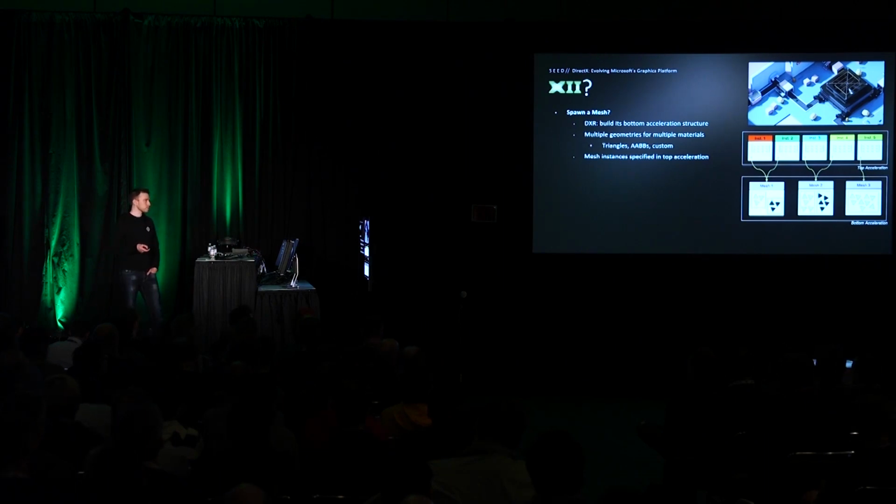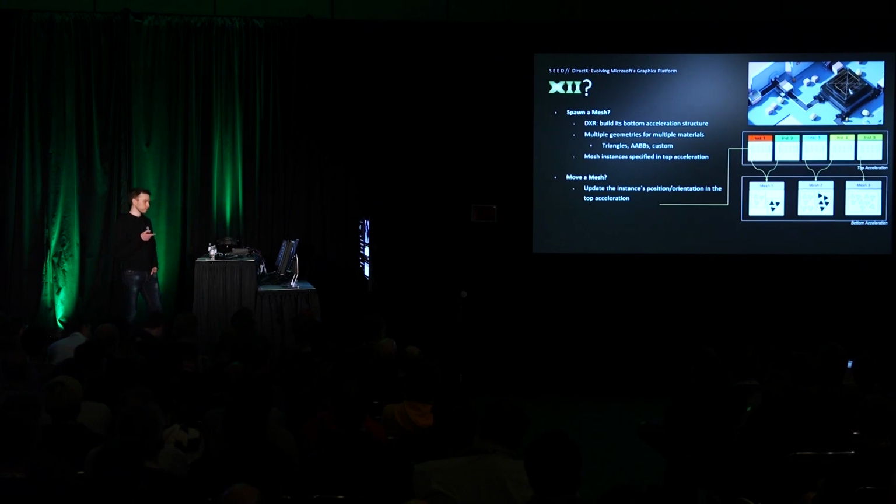And once the bottom acceleration structures are built, we specify mesh instances, and those are specified in the top acceleration structure. They basically represent a mesh at a specific position and a specific orientation with that matrix. And so when a mesh moves, we need to update its instance matrix in the top acceleration structure.